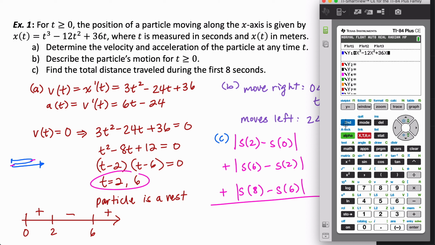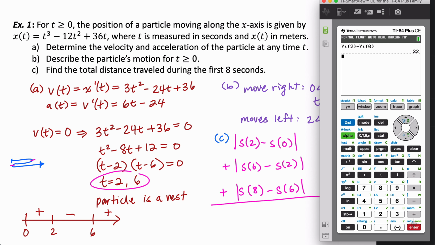I don't actually need to graph it. I want to use what's stored in y1 to help me do some calculations. So I'm going to go alpha trace, and it brings up y1. I'm going to evaluate y1 at 2, and then minus, again, alpha trace, y1 at 0.